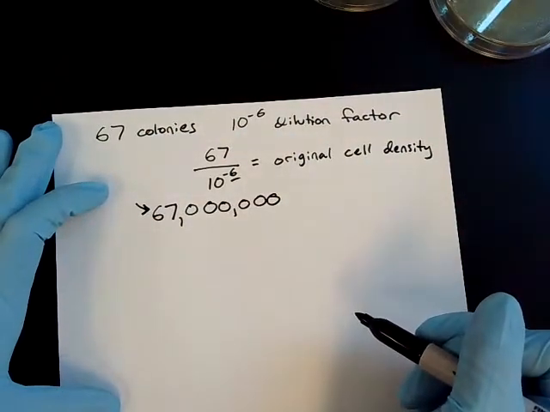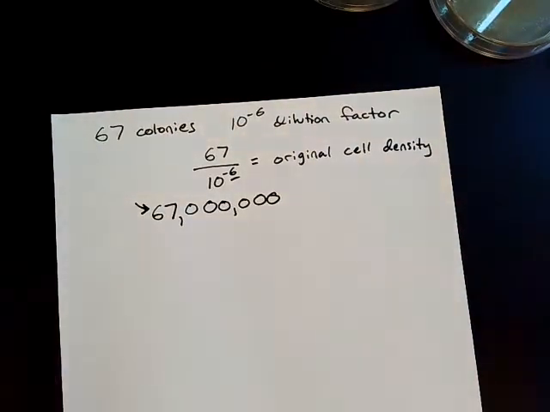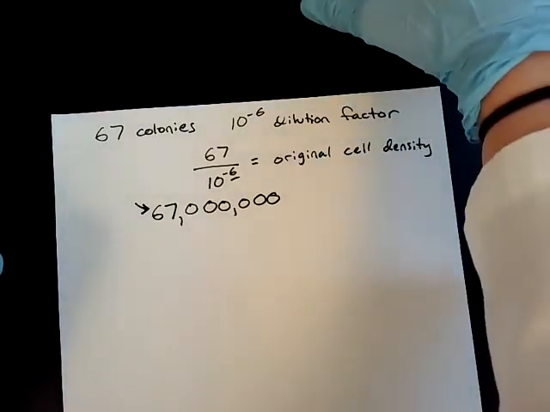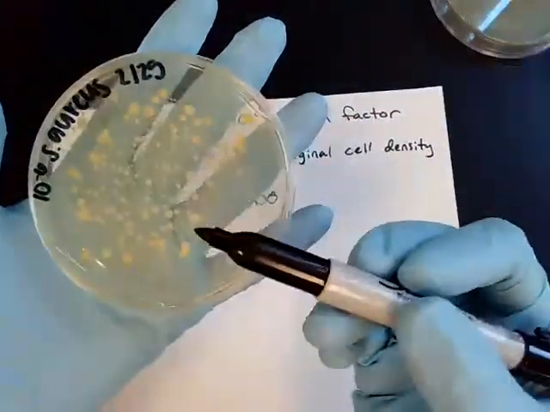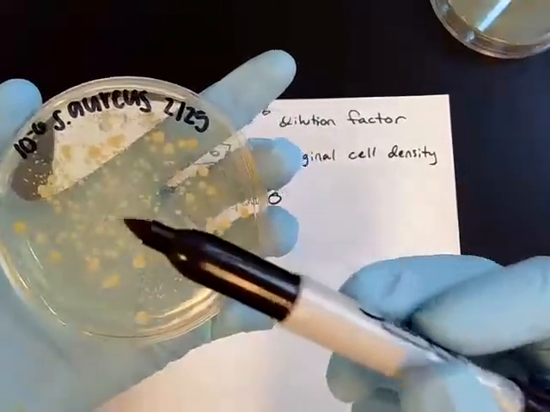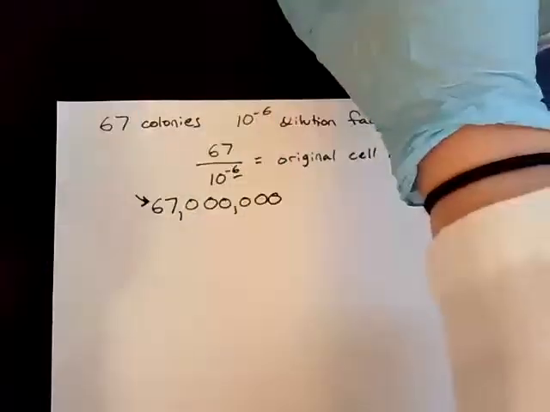Now it also depends on how much we plate. So typically we're not going to plate a full milliliter because a full milliliter is going to just flood the plate. So we typically plate a fraction of a milliliter. Now what I have here written on the plate is the final dilution factor. So 10 to the negative 6 is the final dilution factor for this plate.